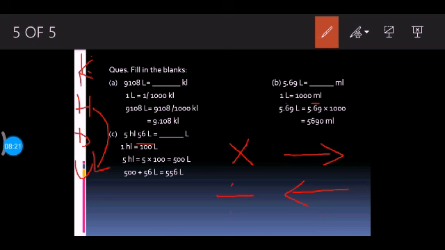So I have to multiply by 100 because I am converting from bigger to smaller unit, and 2 times I have to go downwards. So I multiply 5 with 100, 500 liter will be this, and 56 is already given to you in liters, so you will add them both and your answer will be 556 liters.